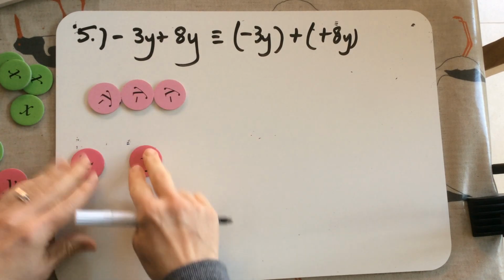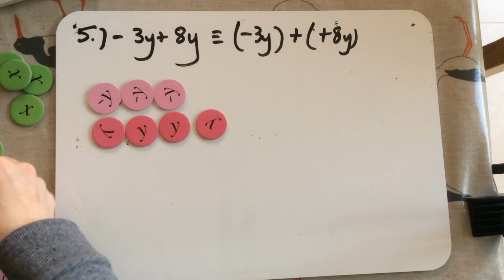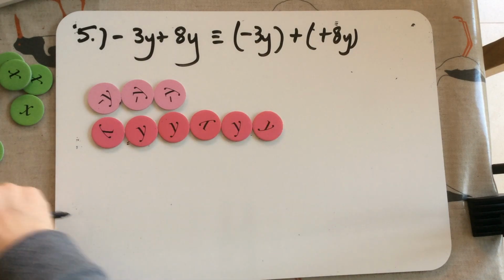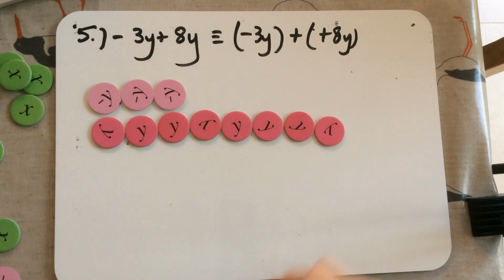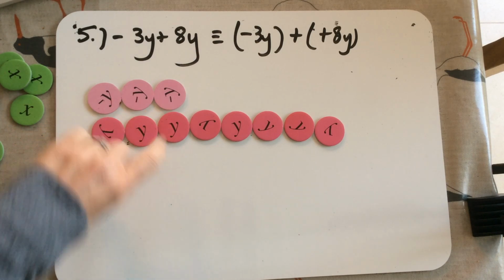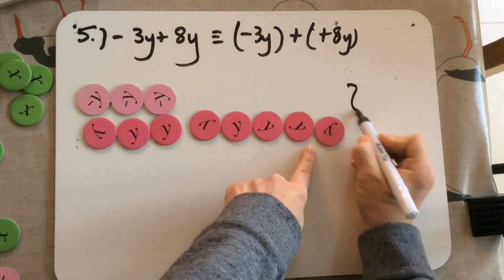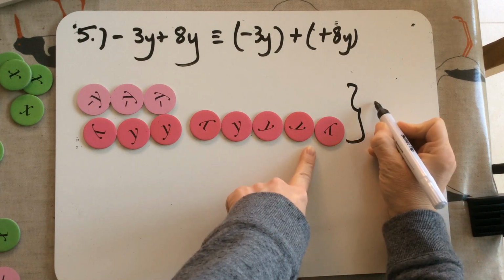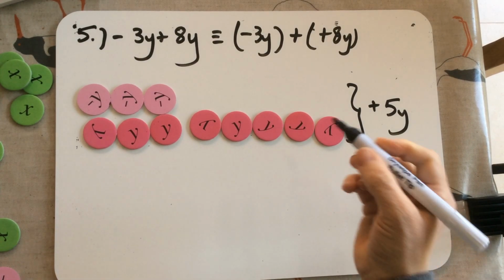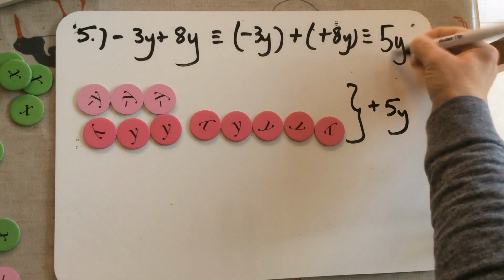There's my negative 3y. And now positive 8y. So I'm now going to look for zero pairs again, and these are my zero pairs this time. So those are 0, and I'm left with summing the rest, which is positive 5y. So negative 3y add 8y is identical to 5y.